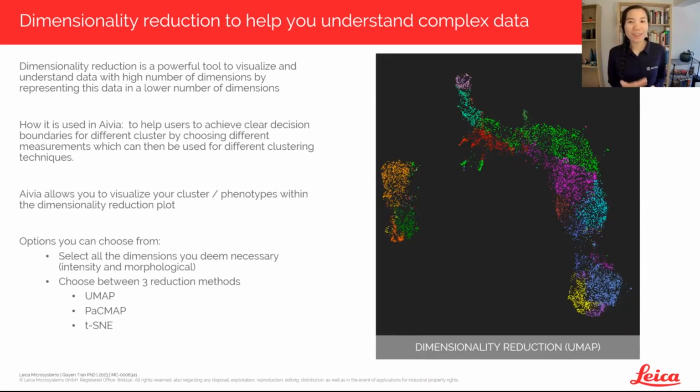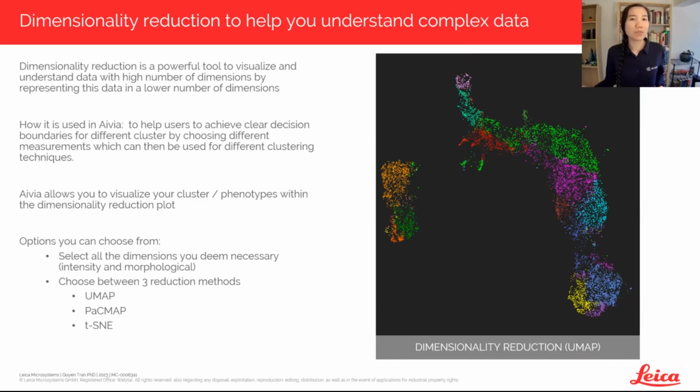Now, a more biological example. Here we can see there are clear boundaries for the cluster on the left-hand side. We may deem that this is a sufficient decision boundary and continue to use the set of measurements we use for this phenotyping, or you may say this is insufficient and I want to add more measurements or replace the measurements so that the decision boundaries are much clearer, perhaps in this region of the UMAP.